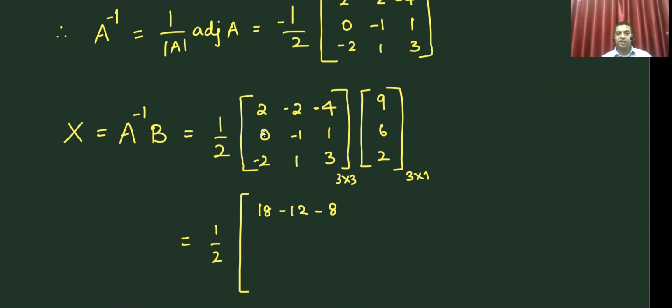All right. The next: 0 into 9, 0. Minus 1 into 6, minus 6. Plus 1 into 2, 2. Then minus 2 into 9, minus 18, plus 6, plus 6.